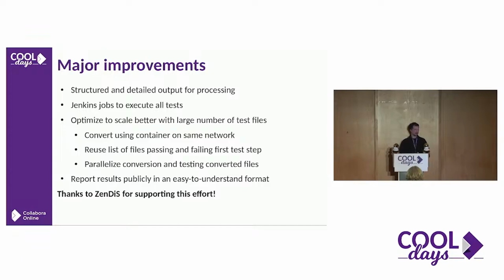Another improvement is that, as I mentioned, the initial list is static, so it can be reused, and you don't have to start by checking whether Office can open the original file each time. And finally, both the conversion and testing of converted files can be parallelized by using concurrent queues.